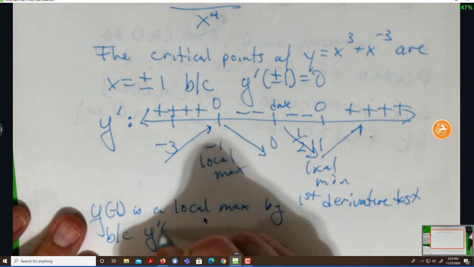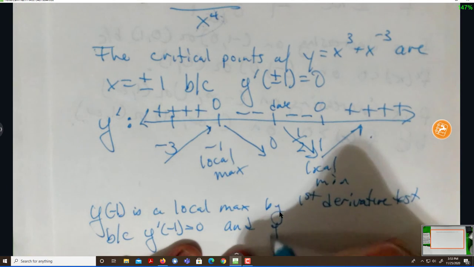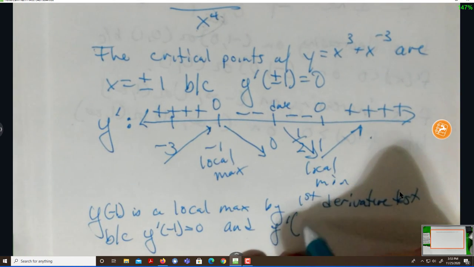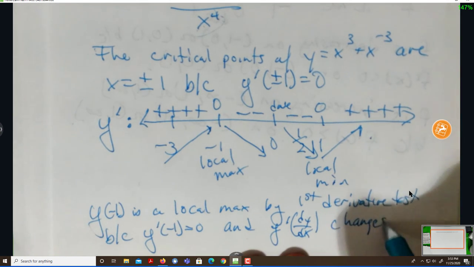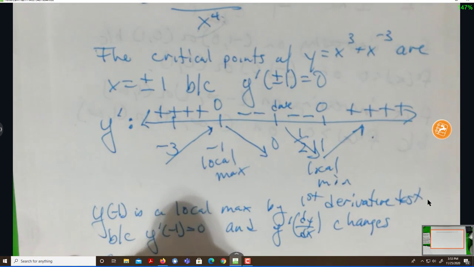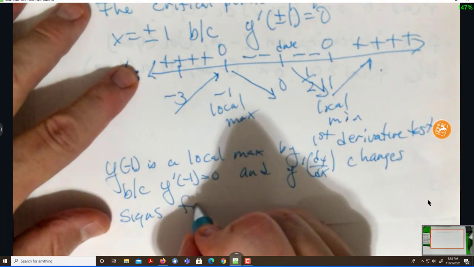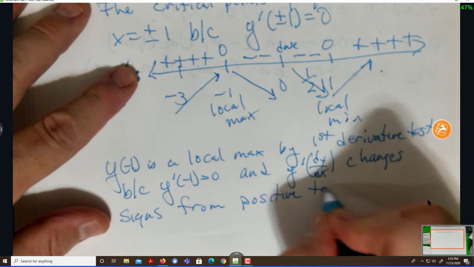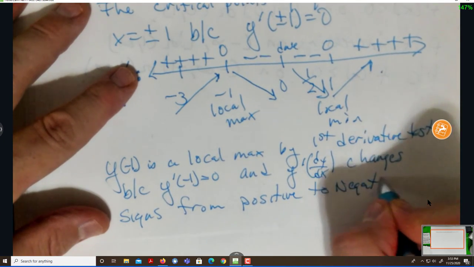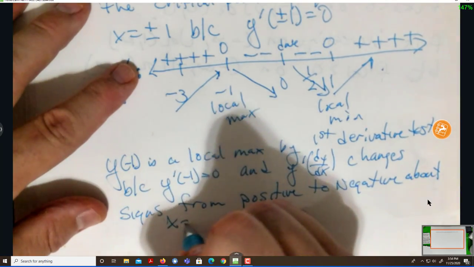Because y prime of negative 1 is 0, and y prime, dy/dx, changes signs from positive to negative about x equals minus 1.